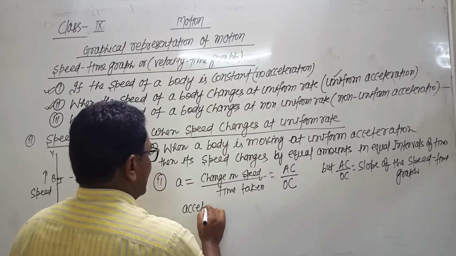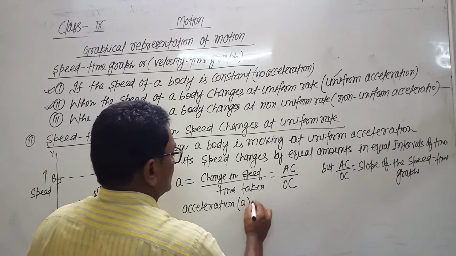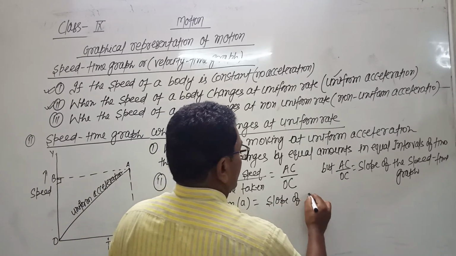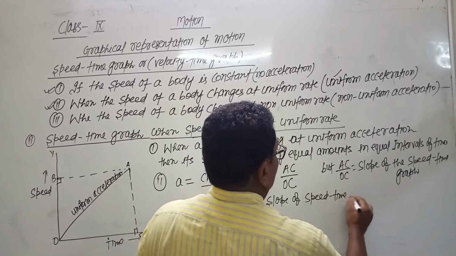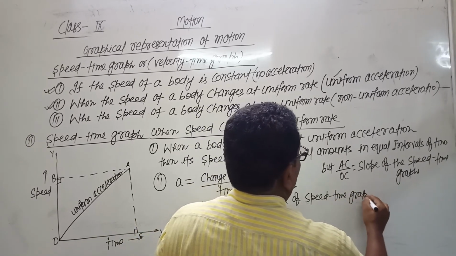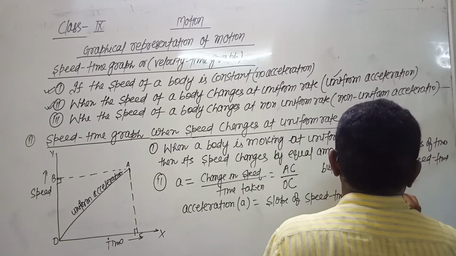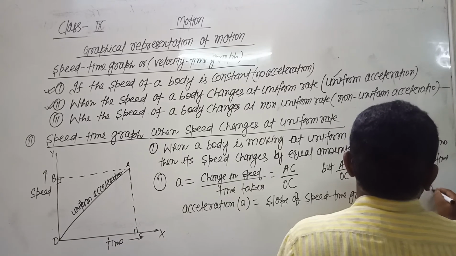Means acceleration a is equal to the slope of a speed time graph in a uniform motion.